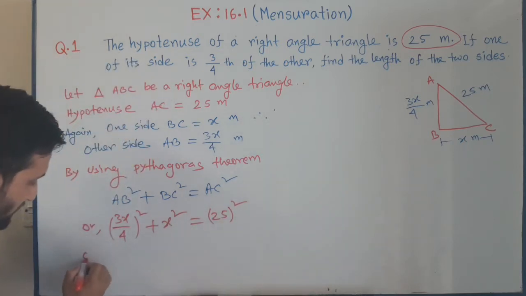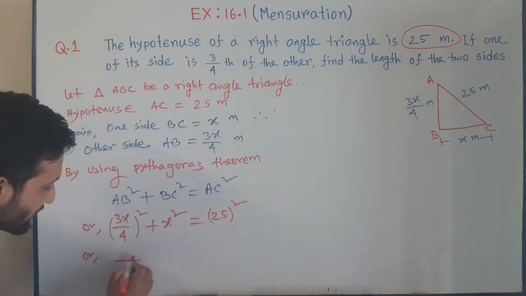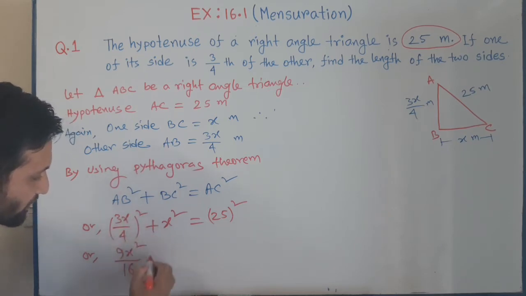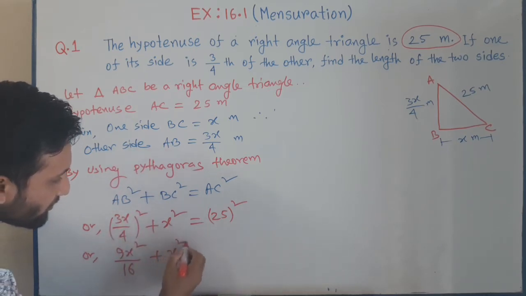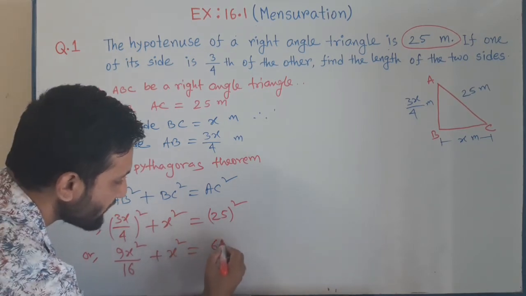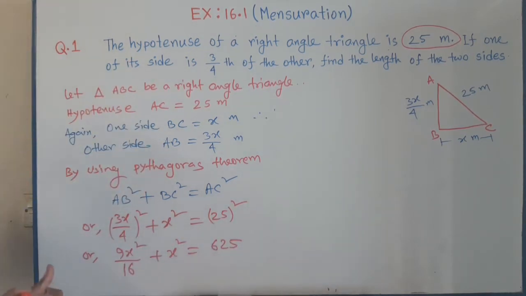Now by using simple calculation, 3x square, that means 9x square divided by 4 square, that means 16, plus x square equals 25 square, that means 625.